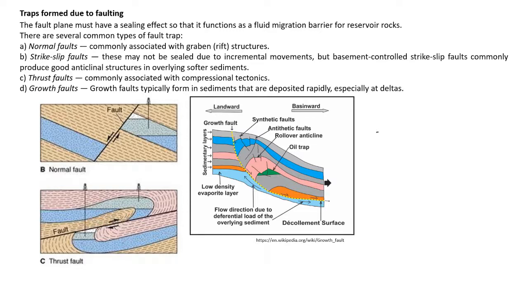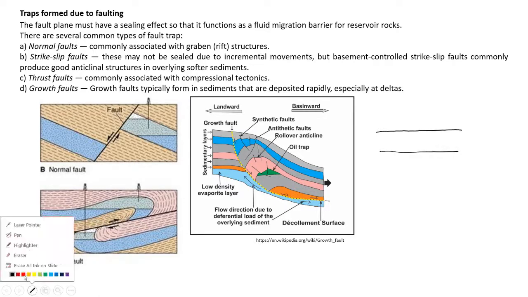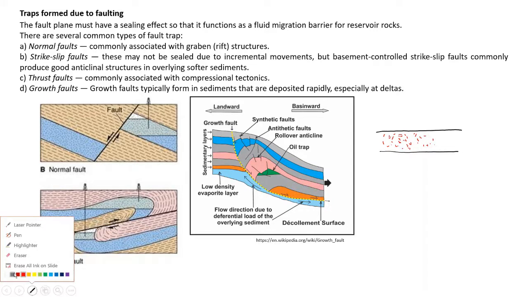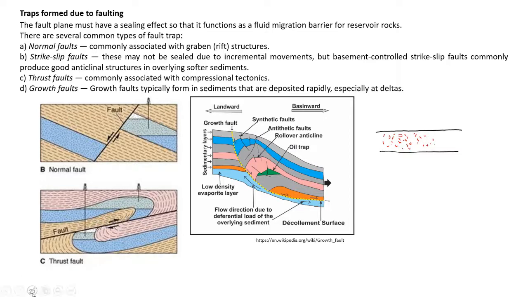Let us say that this is a strata which is a reservoir. Okay, so it has some hydrocarbons in it over here, and then in due course of time, due to tectonic processes, faulting occurs like this. Okay, so you have strata above it and beneath it, like this.